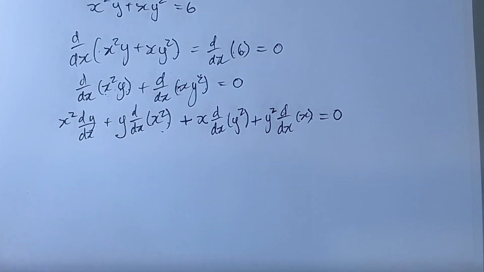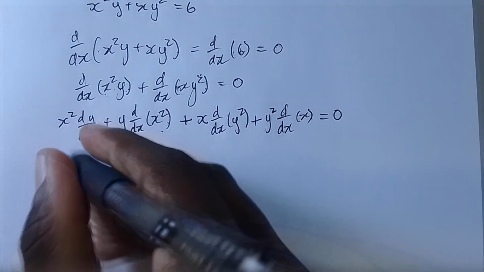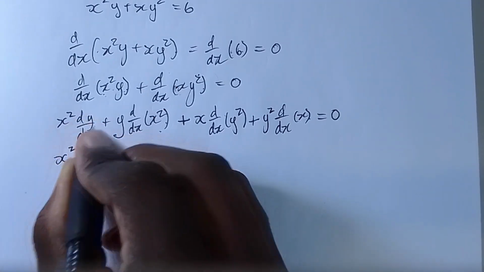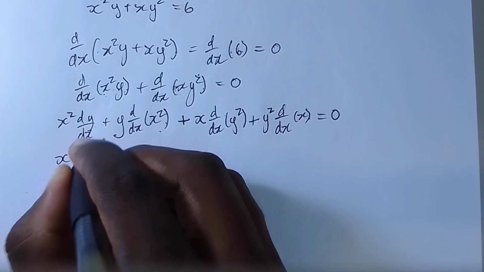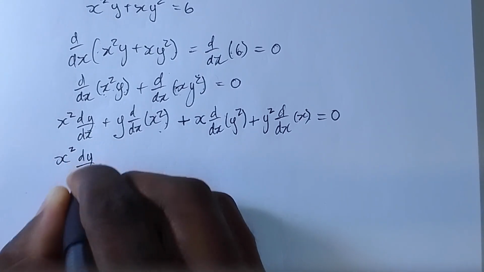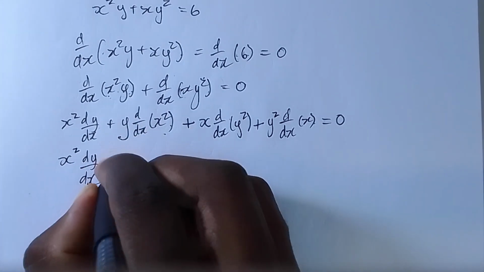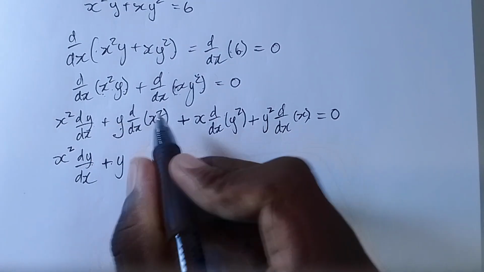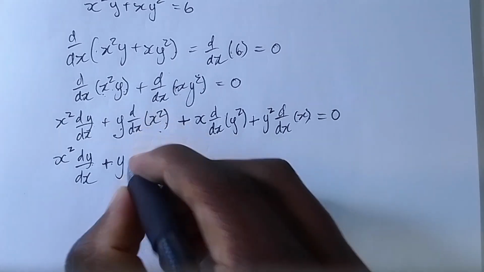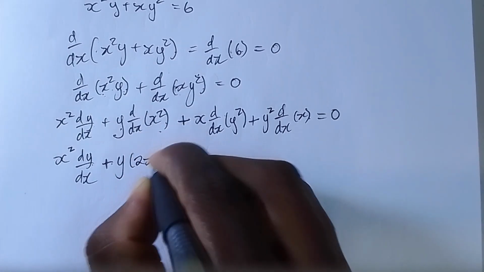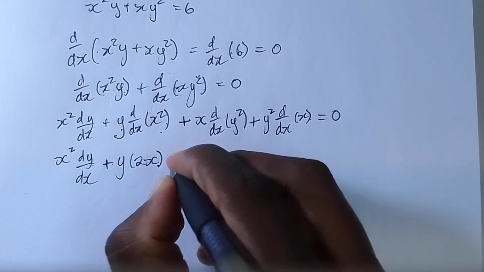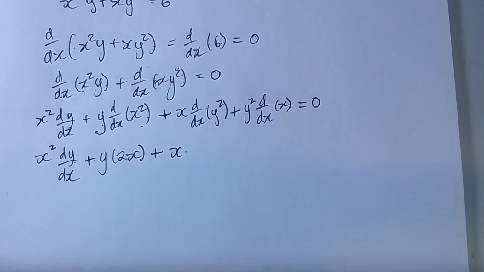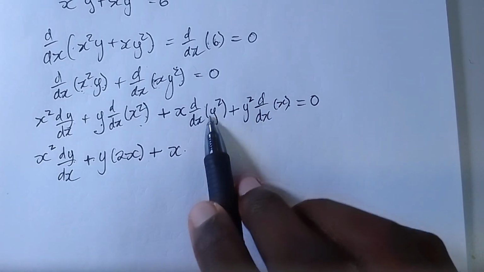Now we are simplifying and substituting the derivatives. We know we have x squared. We can't do anything with dy and dx, and that is what we are looking for anyway. So we sub back dy and dx, plus here we have y, and we are looking for the derivative of x, that is 2x, plus now we have x, and we want the derivative of y.